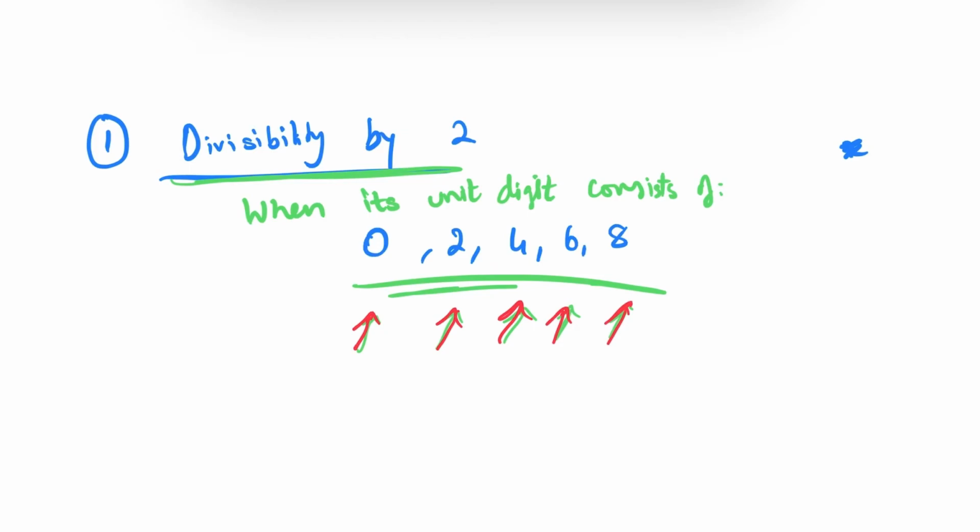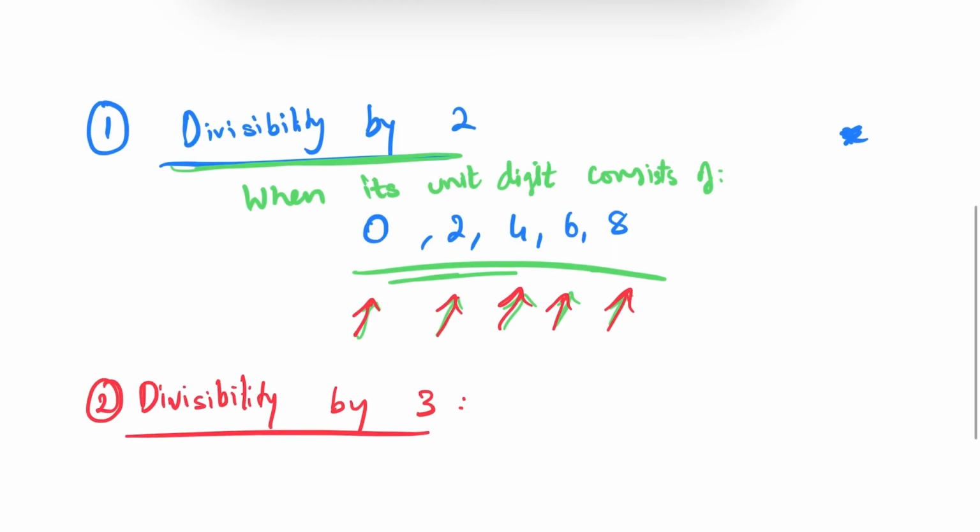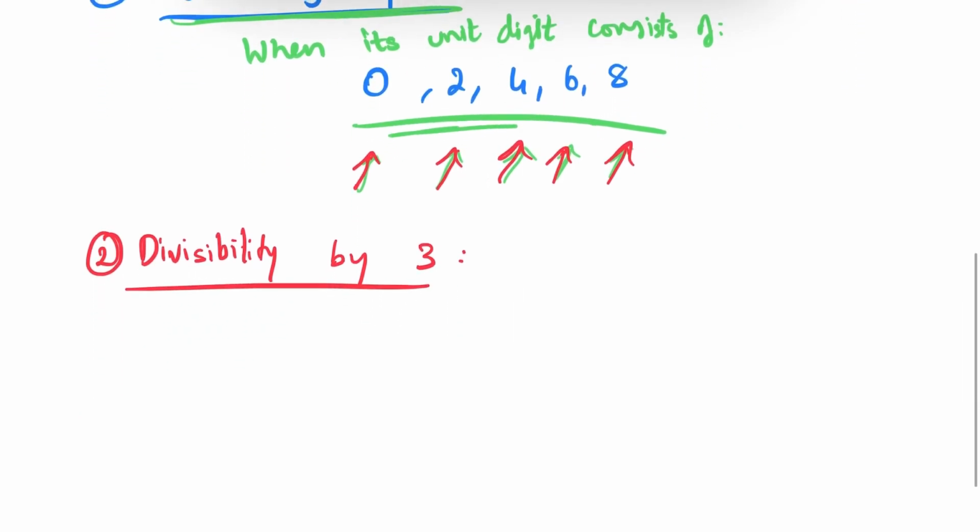All right, so the second thing is divisibility by 3. In this we will be looking at some other things.